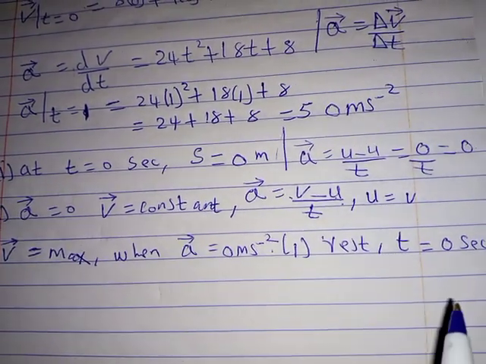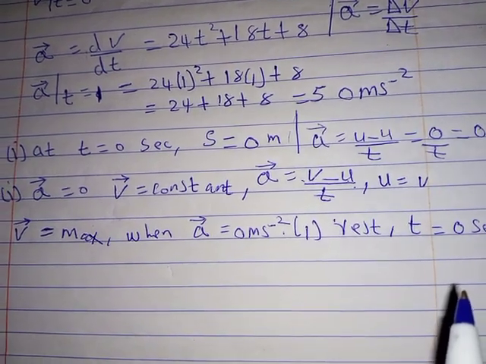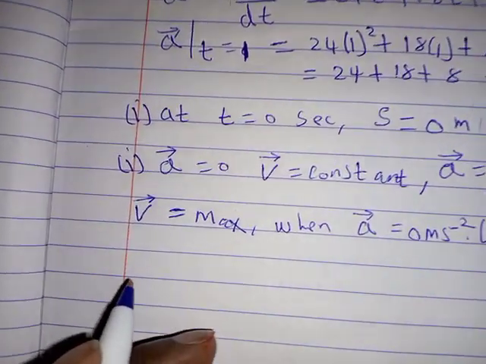So when the body is at rest, then that tells you that the velocity of the body is equal to 0. Maybe I give you another example.